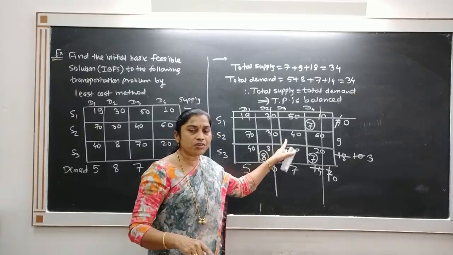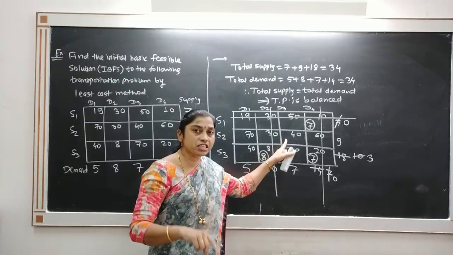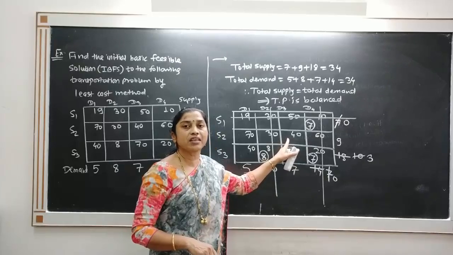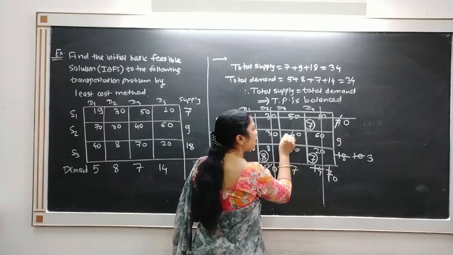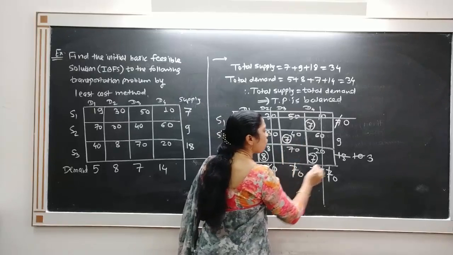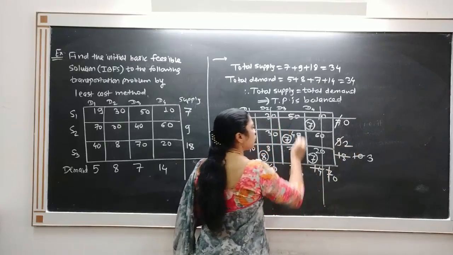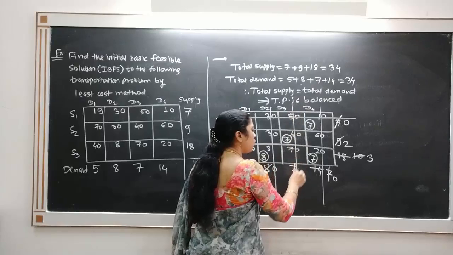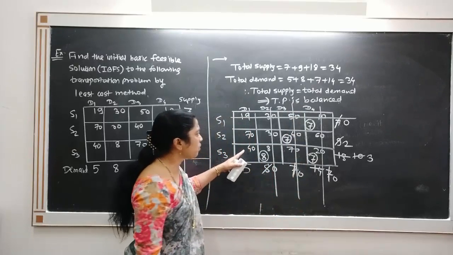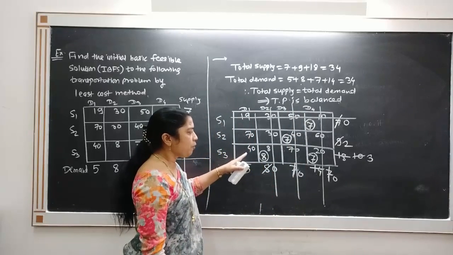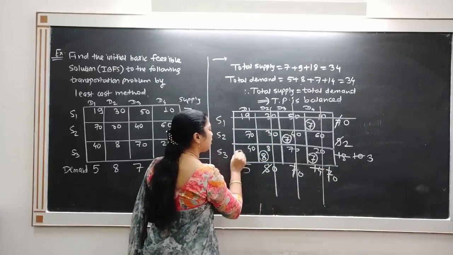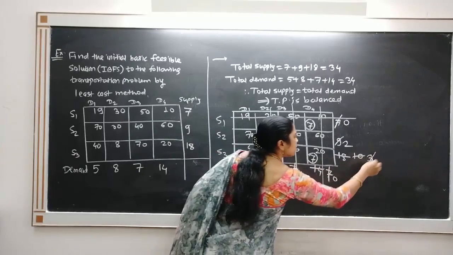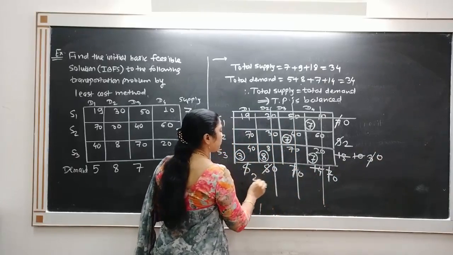So we select that cell and allocate 7, remains 0 and 2. 0 means that is crossed out. And now for the remaining 40, the minimum of 3 and 5 is 3, remains 0, remains 2.